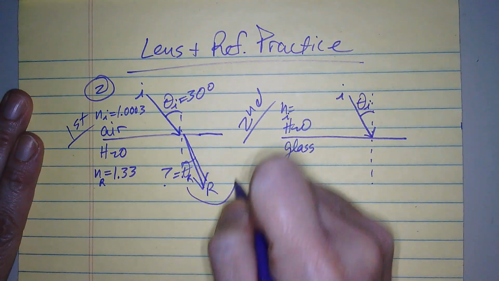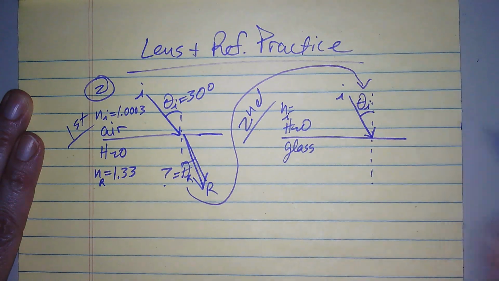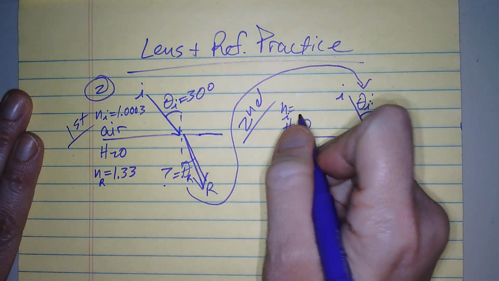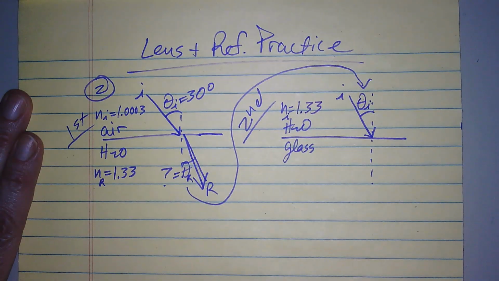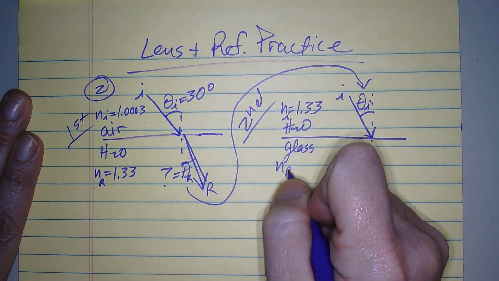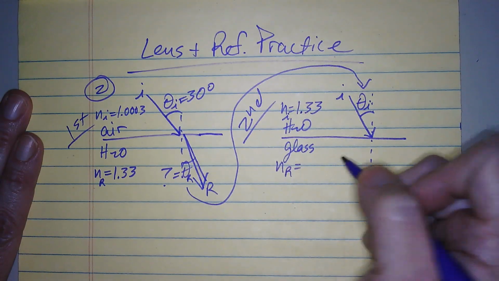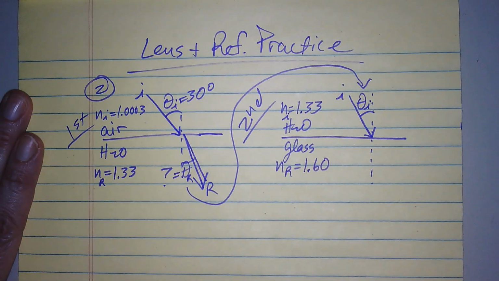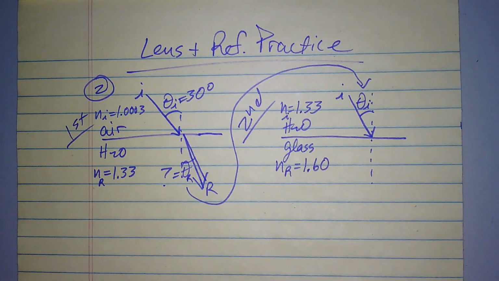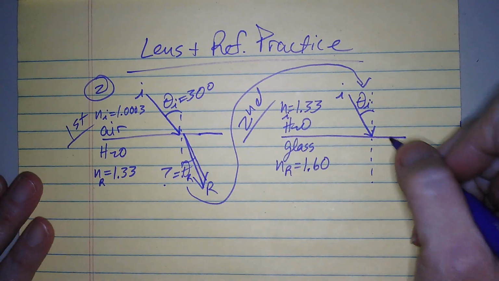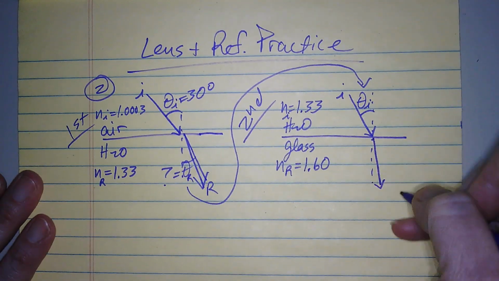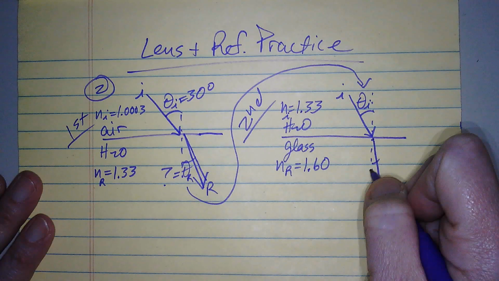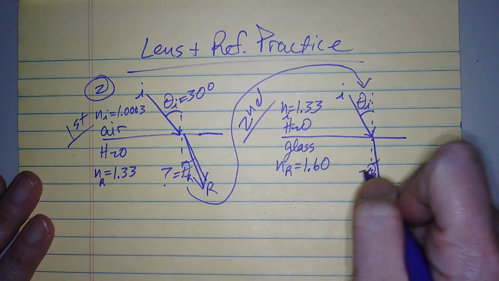So this theta R is that one's theta I. The N of water is still 1.33, and it says in the problem that the N of glass, which is now the refracted material, is 1.60. So we're going into a place with more optical density, which means it's going to slow down. Then this is going to bend even more towards the normal. Then there's my theta R, and I don't know that.